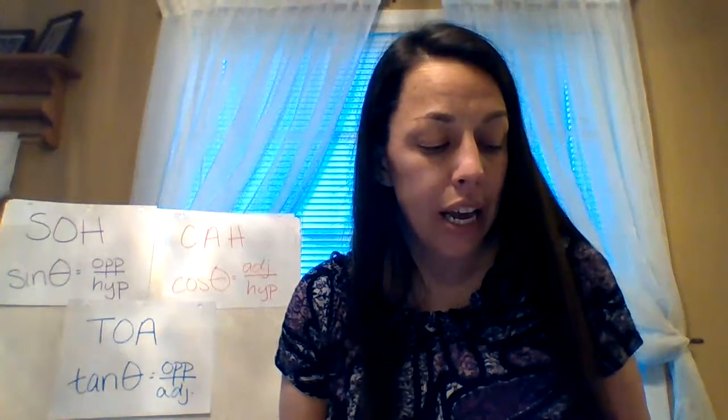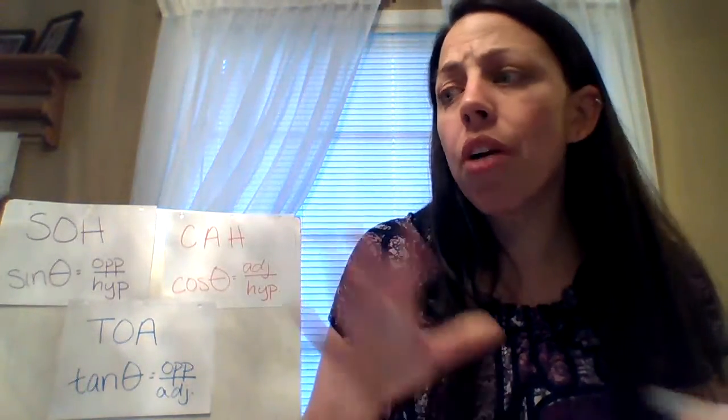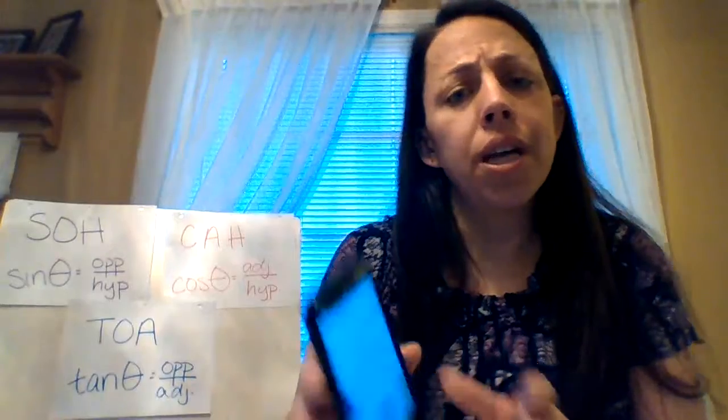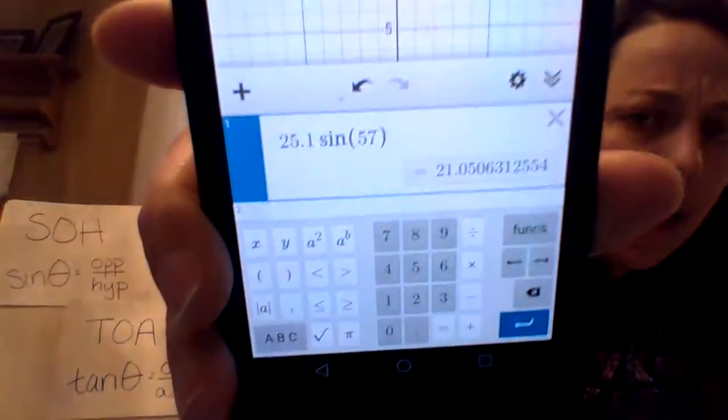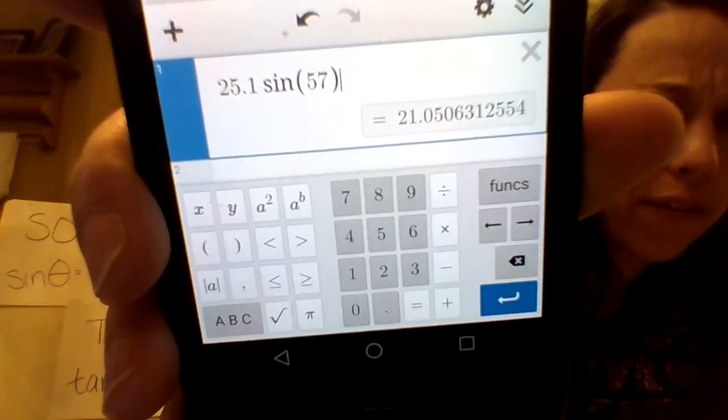And I know when I hold up my phone, there is sometimes a glare on my calculator screen, so I try to look at it to make sure that it doesn't show the glare when I do this. Desmos is really, really smart, as are those TI-30 calculators. But can you see right there how I just typed in exactly what I have written on my paper, 25.1 sine of 57?